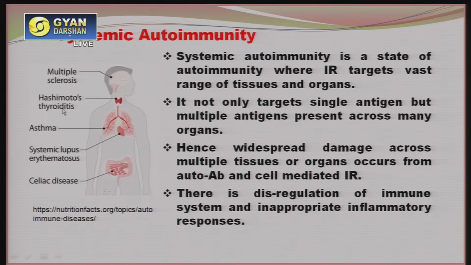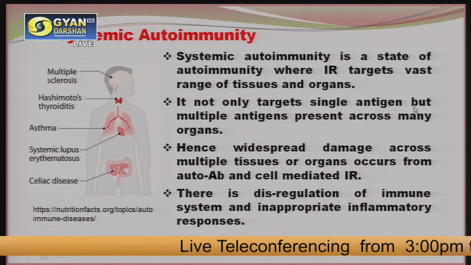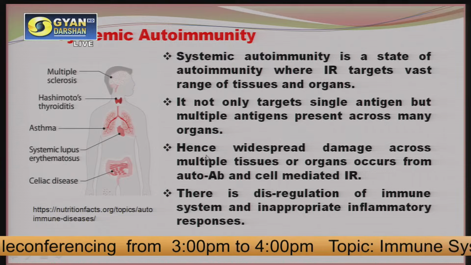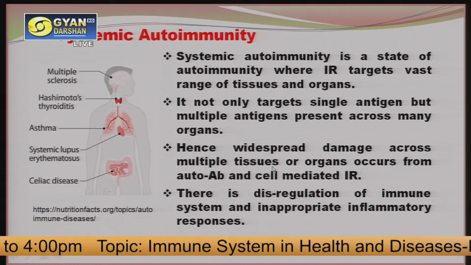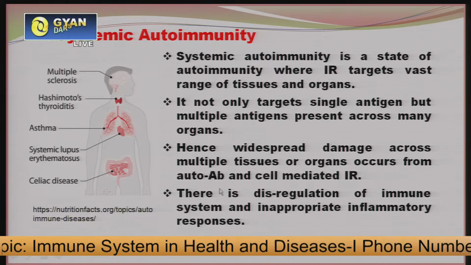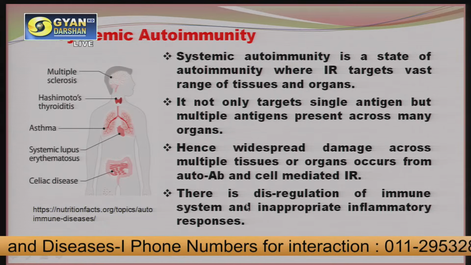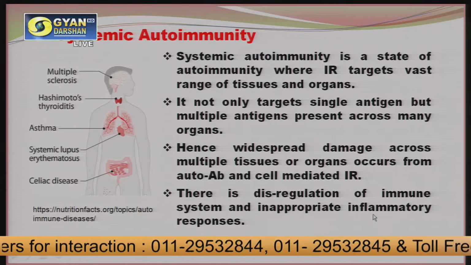So here are the various organs which are involved in the case of systemic autoimmunity. It does not target only a single antigen but multiple antigens present across the organs, and hence widespread damage across multiple tissues or organs occurs from the autoantibodies and cell-mediated immune response. There is a dysregulation of the immune system and inappropriate inflammatory response. So that is known as systemic autoimmunity.